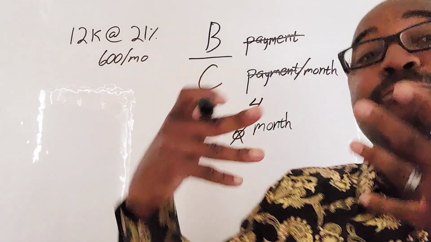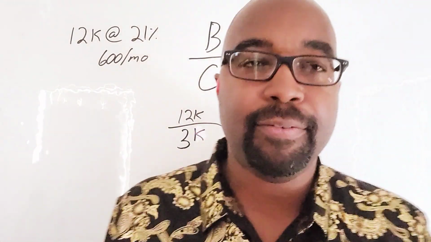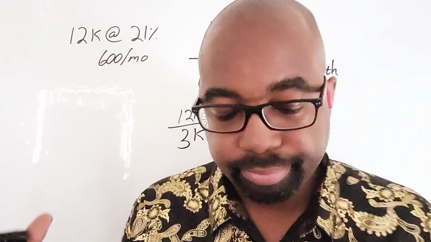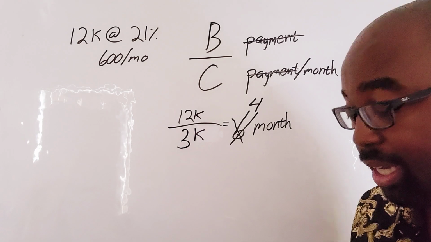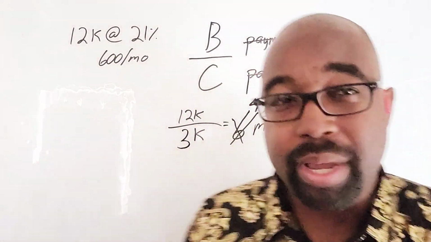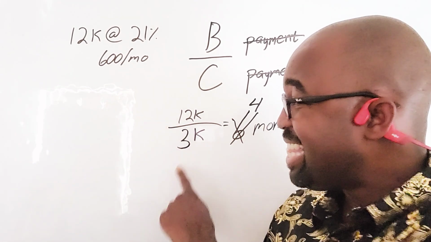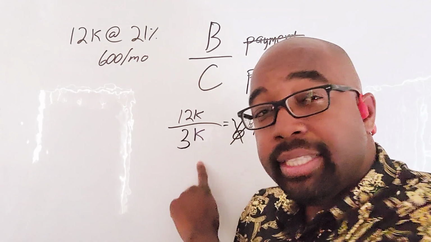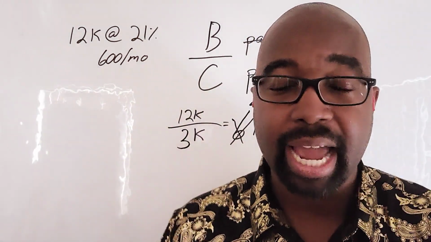Now you got about 4 months of that debt because of that $3,000 being left in there. Now, what can we conclude with this? We can conclude that there is a relationship between the months you have to pay off that debt and the cash flow that is running through that banking tool called the line of credit.